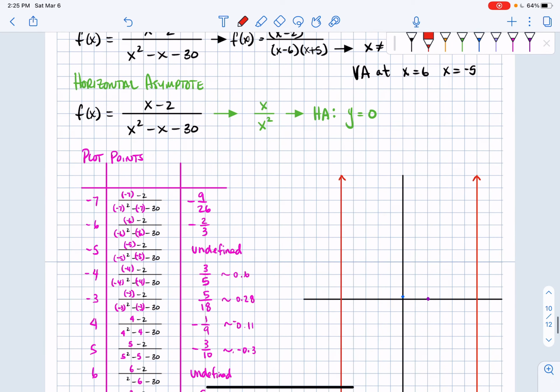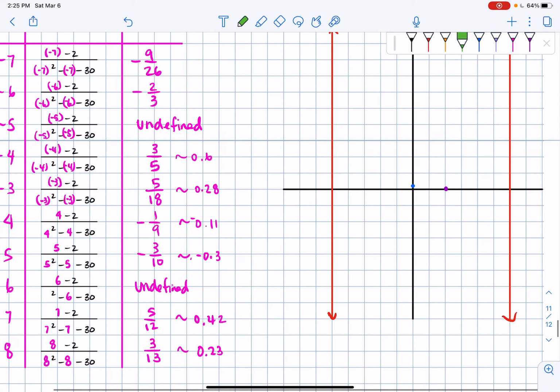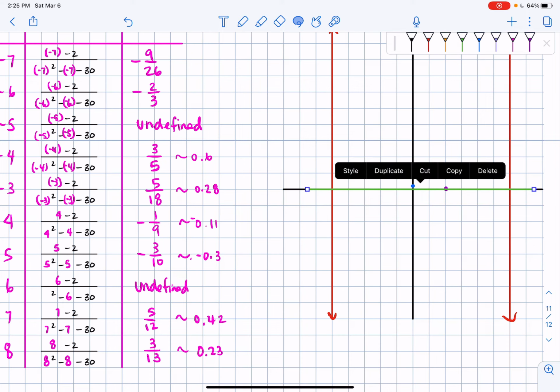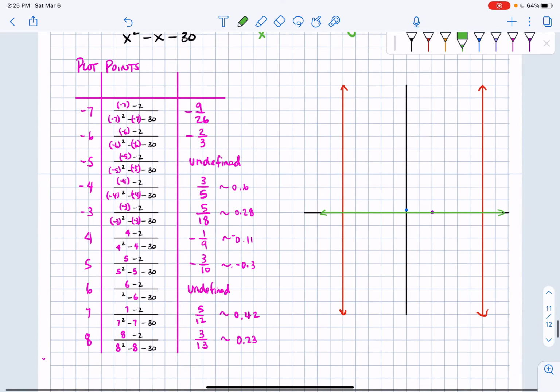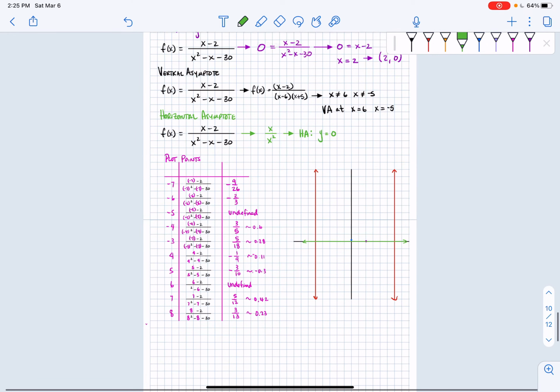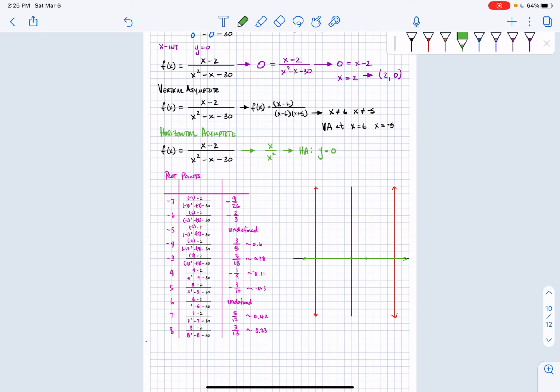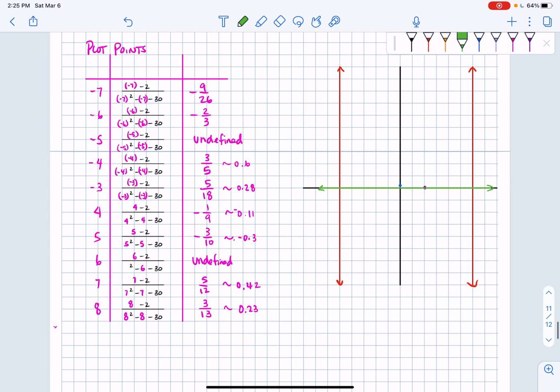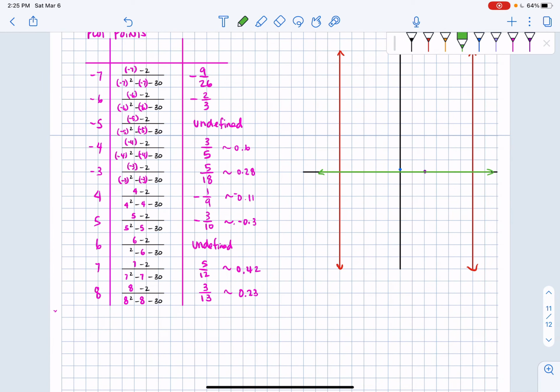And then we have a horizontal asymptote at y equals 0. Okay. So that's what I have. And that's all I have. So it's really hard for me to try to graph this in any way. So that's the reason why I need the points.